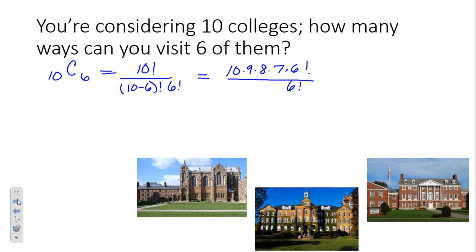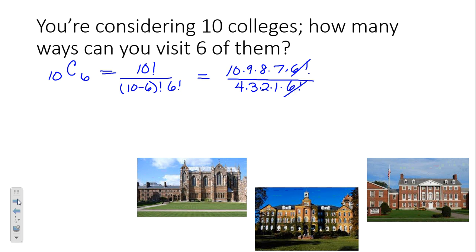And then, Jordan, what's going to be the other part that we have to include? Yep, which is 4 factorial. So 4 times 3 times 2 times 1. I like to write those out because I want to do some canceling and I can see them better if they're written down. Okay? 6 factorials are gone, they cancel.